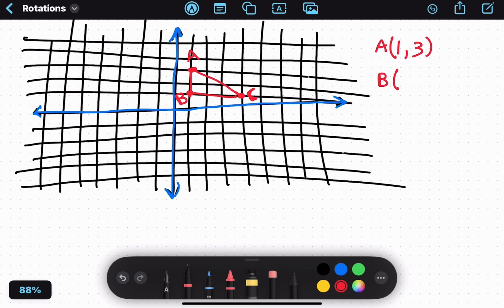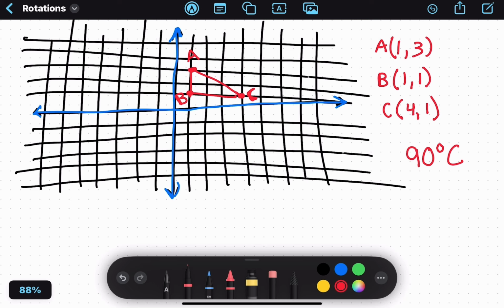Point B is (1, 1). And point C is (4, 1). Now, we want to rotate this triangle 90 degrees clockwise.